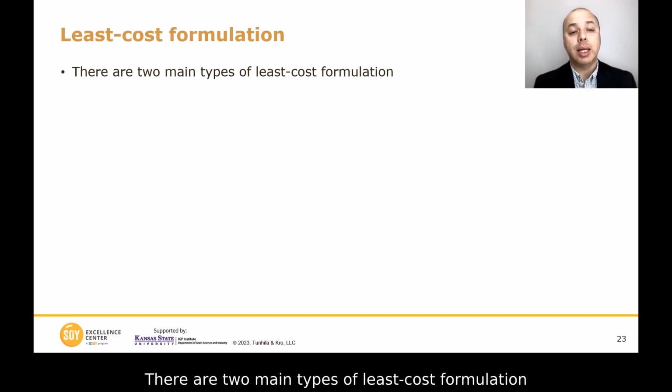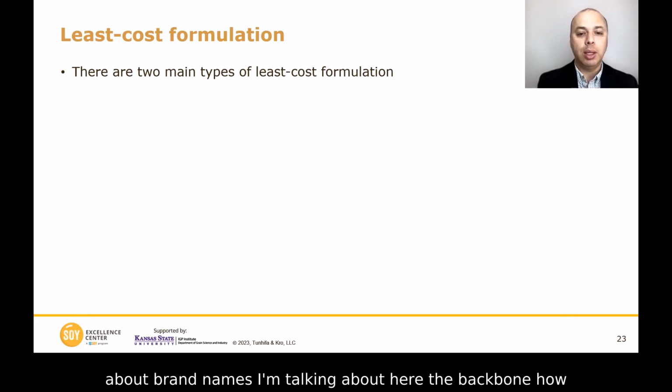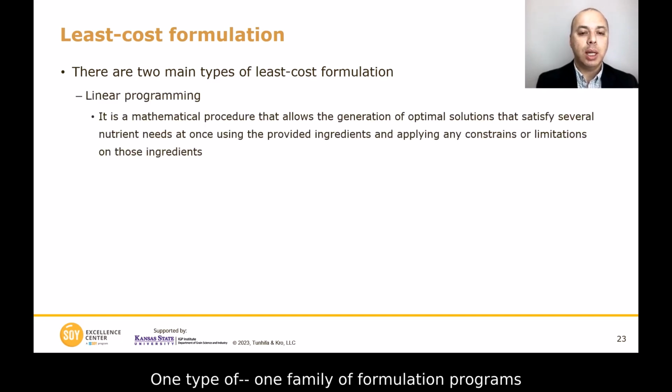There are two main types of least cost formulation programs, and I'm not talking here about brand names. I'm talking about the backbone, how the calculations are performed. One family of feed formulation programs will use linear programming.